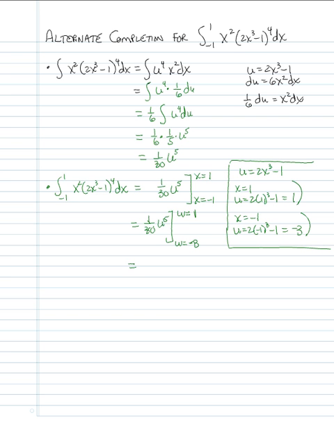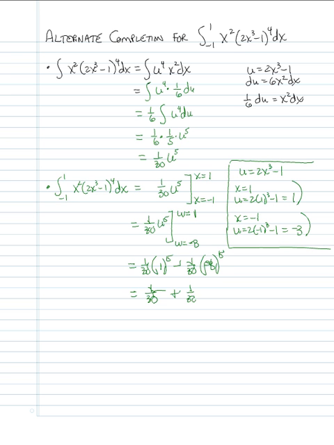So we can put the u value of 1 in first and subtract what we get when we put the negative 3 in for the u value second. And then we just see the results of this. Of course, 1 to the 5th is 1, so this is just 1 over 30.